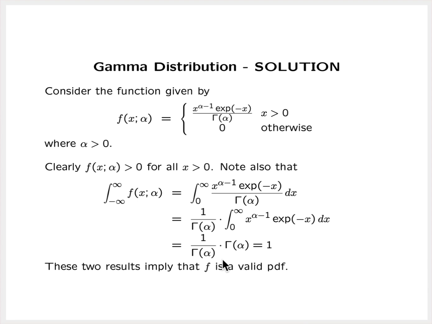And so we have 1 over the gamma function times the gamma function, each evaluated at alpha, and so that gives us 1. And so these two results imply that this function f is indeed a valid PDF. And so we're justified in calling it a PDF and using it in that way.